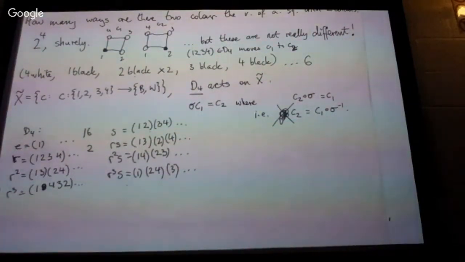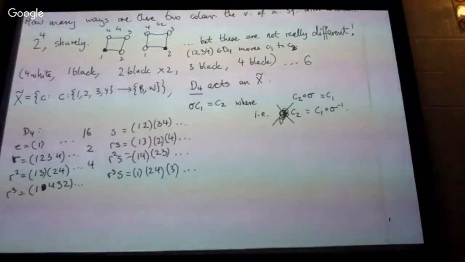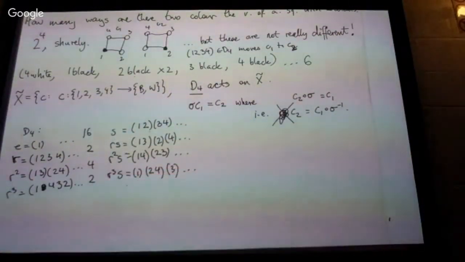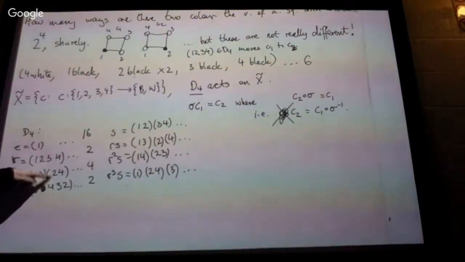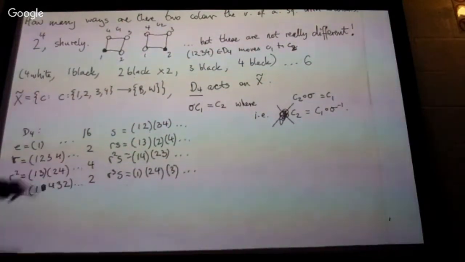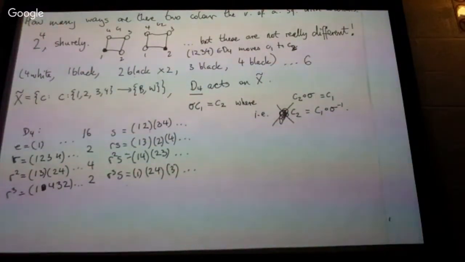That's 4 different colorings. So you pick one color for the vertices 1 and 3, black or white, and another color for the vertices 2 and 4, black or white. So 2 options here, 2 options here, 4 altogether. In fact, that's starting to look like a theorem.